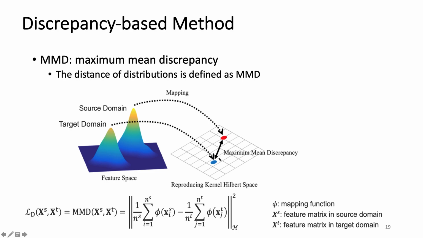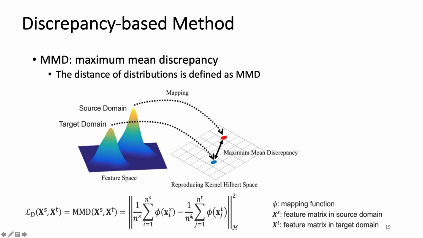The way to define this MMD, as you can see in this formula, is that XS are the data samples in the source domain and XT are the data samples in the target domain. MMD is defined as basically you take all the data samples in the source domain and take the mean of those data samples. You can think about this as a representative of all the data samples in the source domain.